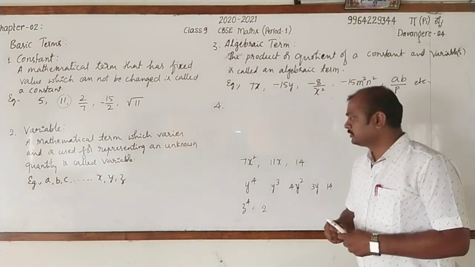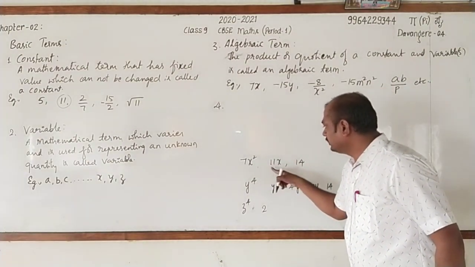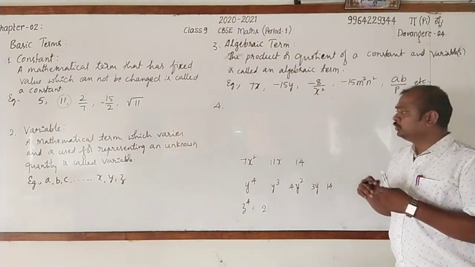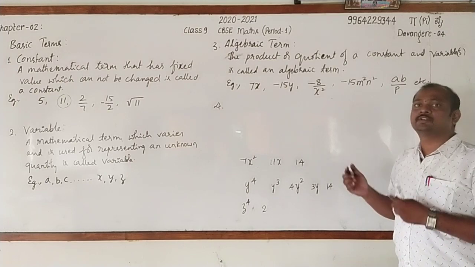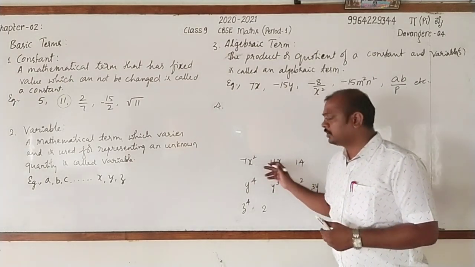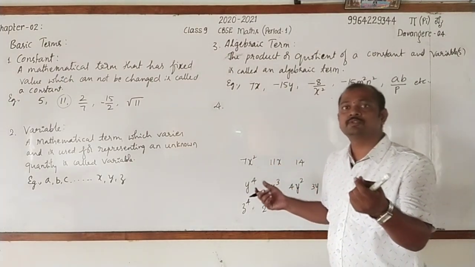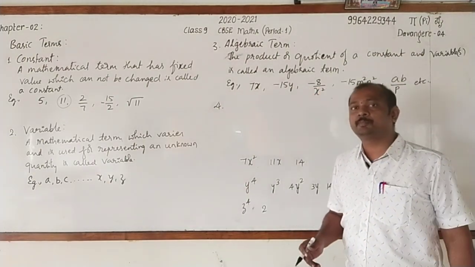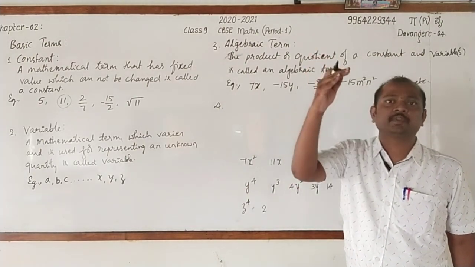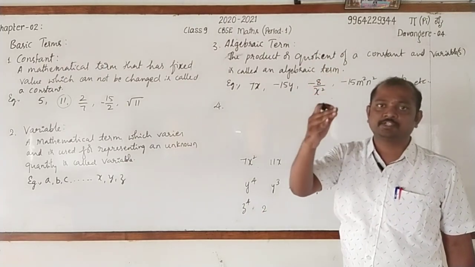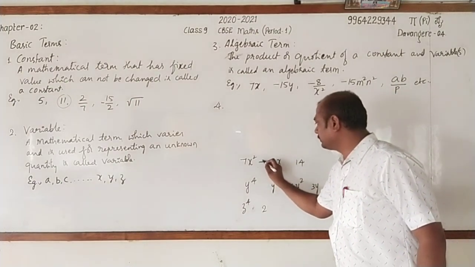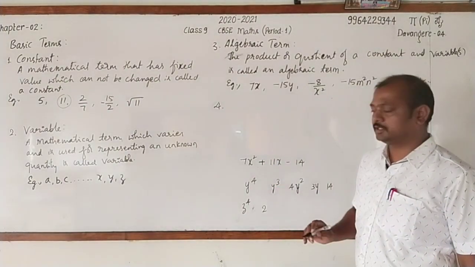Observe that. Here in the first set I have taken 3 algebraic terms. You can connect or join these terms by using the symbols of any fundamental operations. What are the fundamental operations? Addition, subtraction, multiplication and division. You can use any sign. Here I am using plus, here minus.